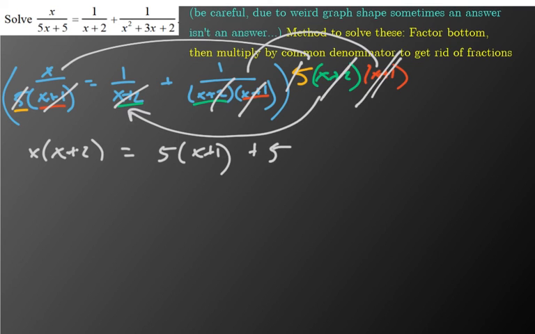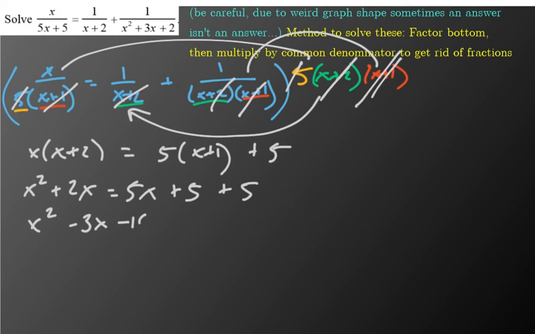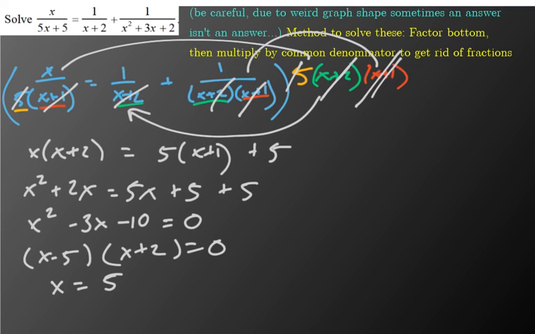Then it's a problem where you can just distribute everything out, and oftentimes these things turn into quadratics. If you move everything to the left, you get x squared minus 3x minus 10. And then that thing factors, x minus 5, x plus 2. So it's looking like x is 5 and negative 2.